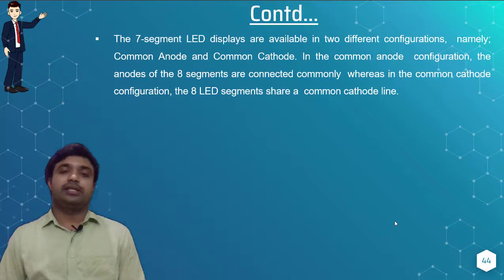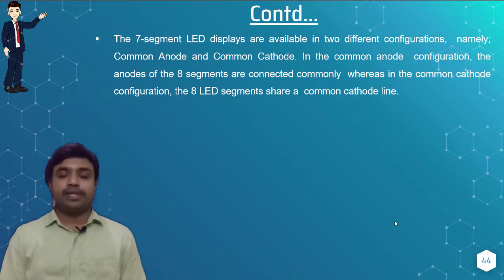Next, 7-segment LED displays are available in two different configurations. The first one is common anode and the second one is common cathode. In the common anode configuration, the anodes of the 8 segments are connected commonly, whereas in the common cathode configuration, the 8 LED segments share a common cathode.